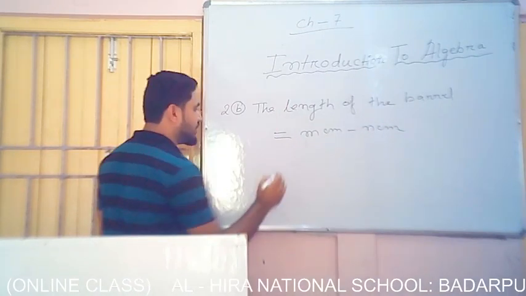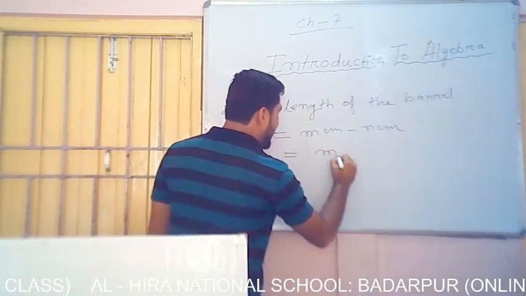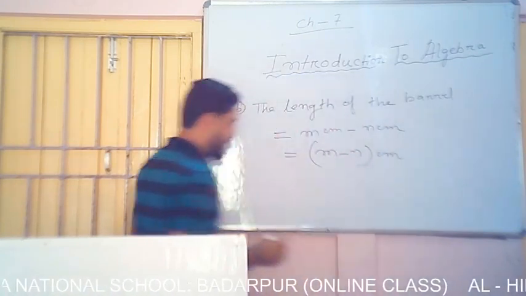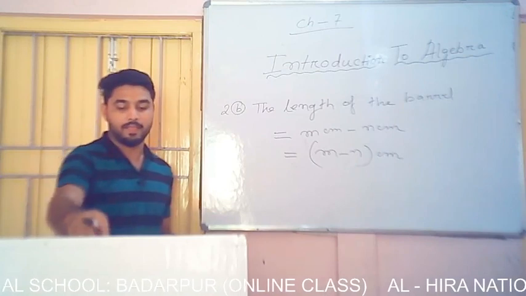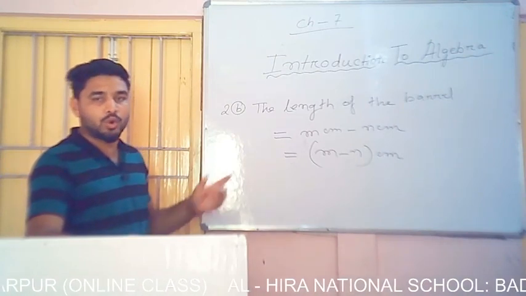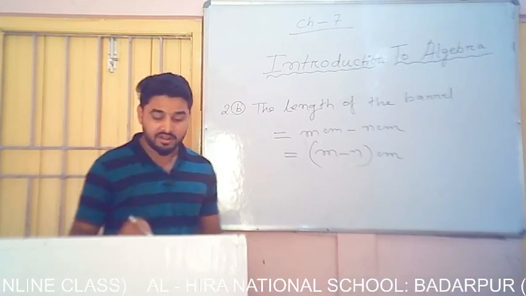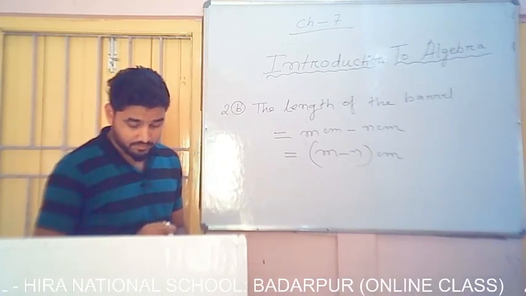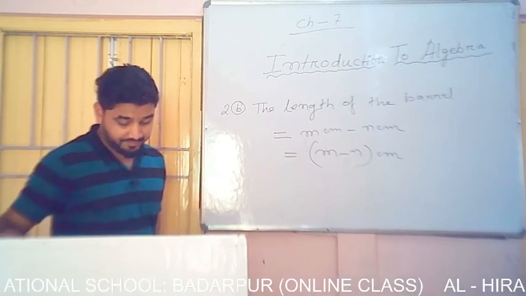It is written in your book. So I can write M minus N centimeter. So this is the answer of question number 2B, M minus N centimeter.